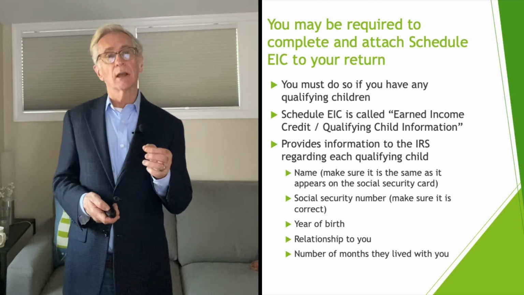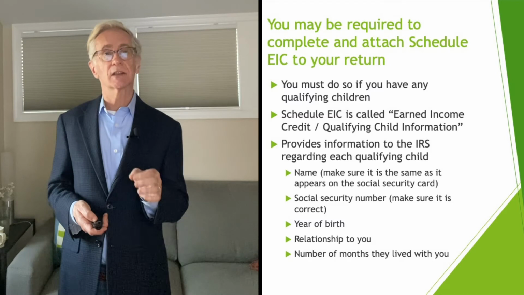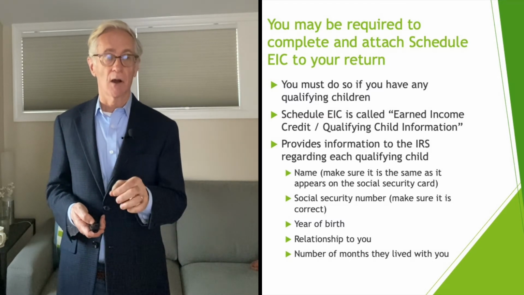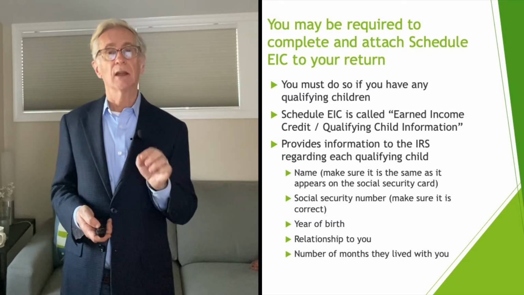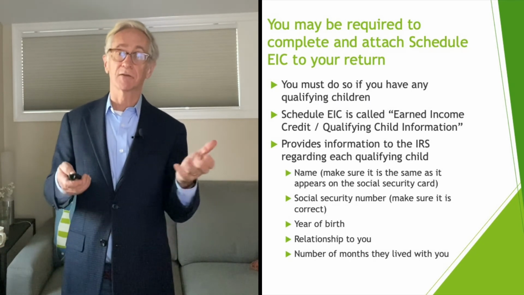You'll note that I've said here on this slide, make sure the name is the same as it is on the Social Security card, and make sure the Social Security number is correct. You also need to make sure the year of birth, relationship, and number of months lived with you is correct.